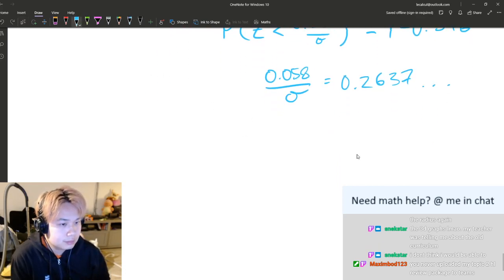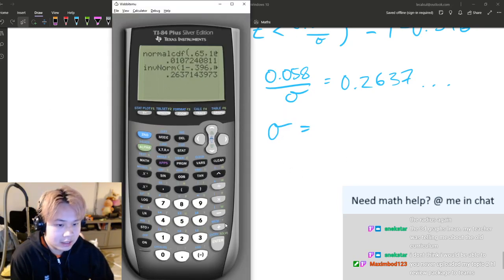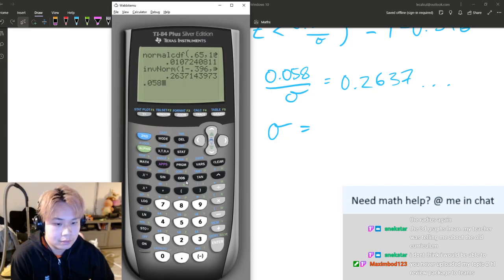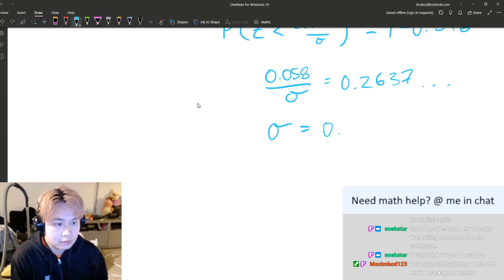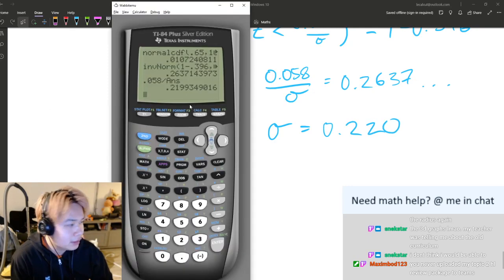So now I know how to get the standard deviation. I take 0.058 and divide by this number. And there's my standard deviation, which is 0.220 if I round it to 3 significant figures.